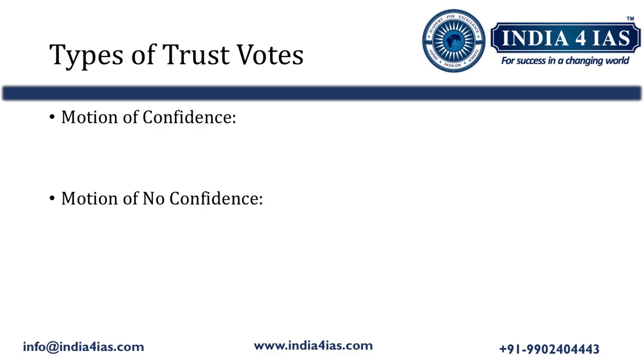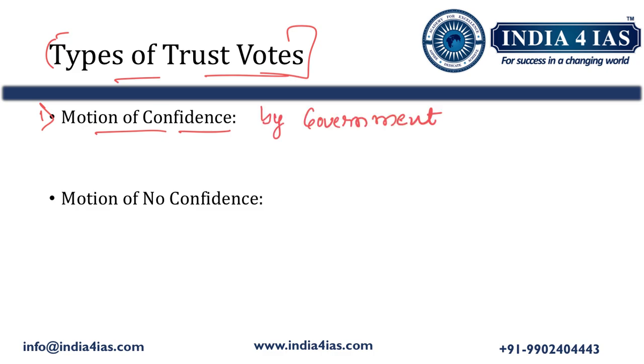Now we will look into the types or categories of the trust vote that are initiated in the state legislative assembly. The first one is the motion of confidence. It is initiated by the government to prove its majority in the state legislative assembly. The second one is motion of no confidence.